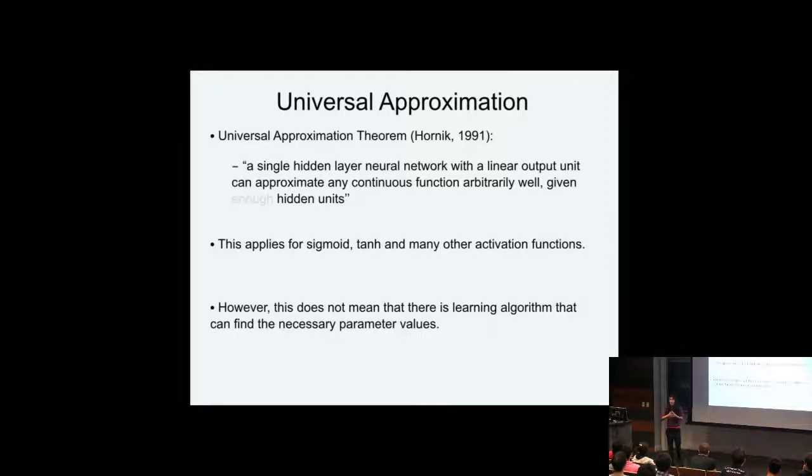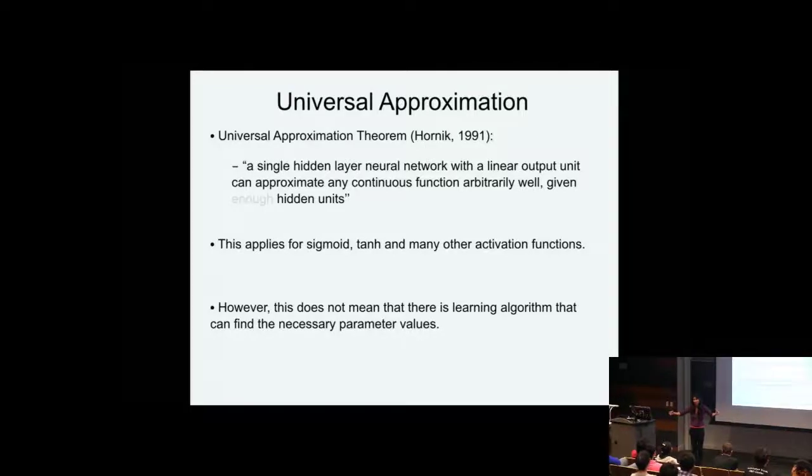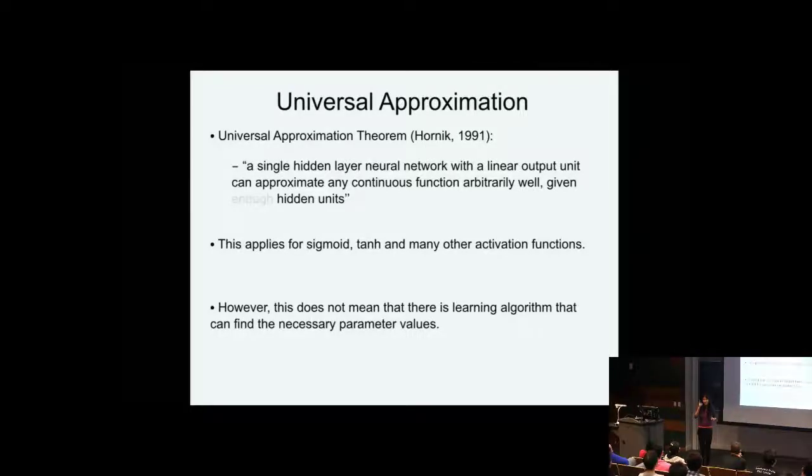The problem is that you need an exponential number of hidden units in a single layer to do such partitioning. That's why in practice, despite the theory telling you that you just need one layer, you need depth, because otherwise you need too many units. And the theory doesn't tell us how many, it just says enough, okay?